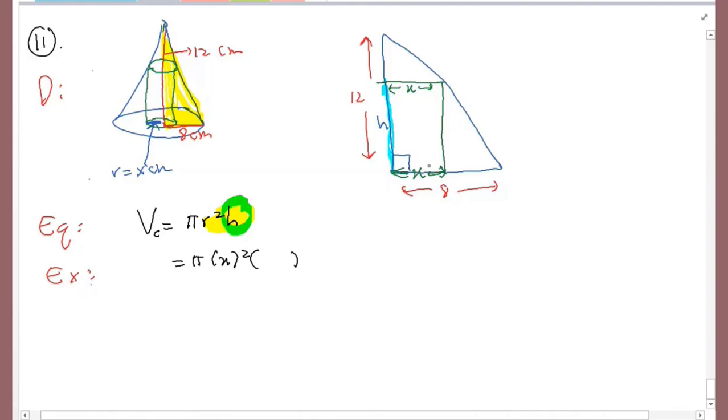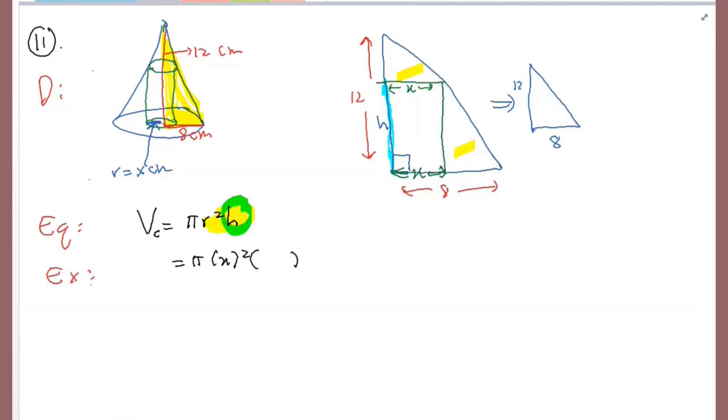Take the ratio from the triangles. One of the triangles is confirmed to be 8 and 12, the cone. And another one is between this one or this one. Let's check. Here, this one is 12 minus h, right? Or this one is h.